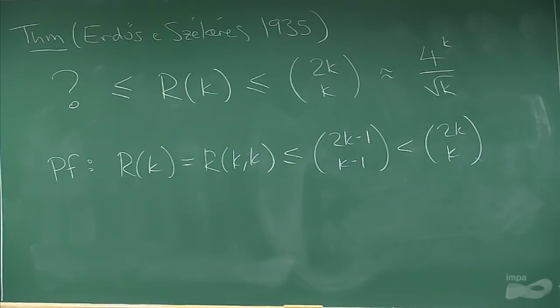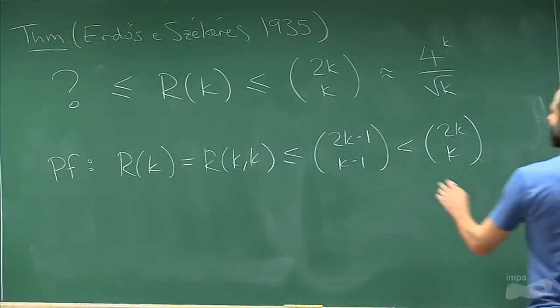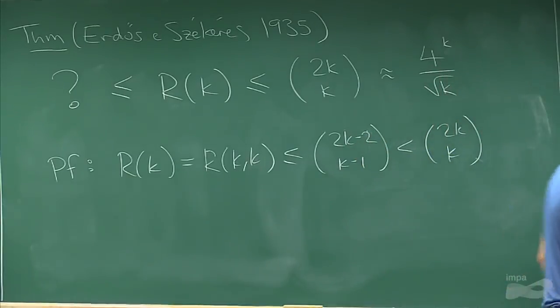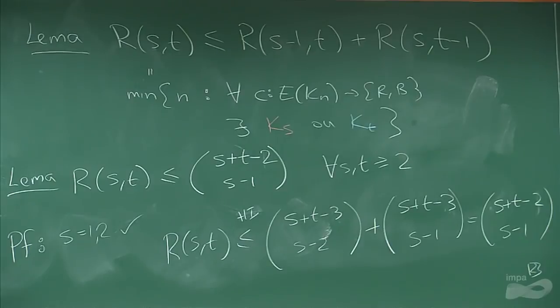When s equals t equals 1, it also works. Thank you. So this proof was correct, but you just proved something stronger by pointing that out. And here as well.